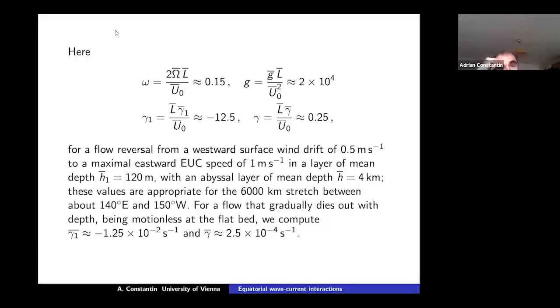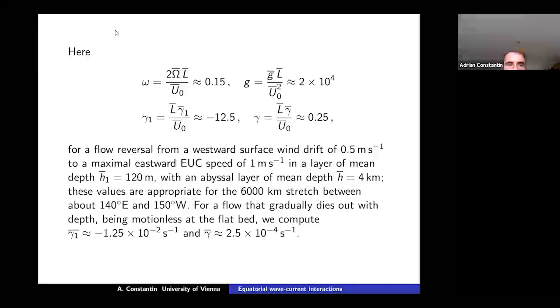It is very big in this scaling. If you wonder what realistic values of these two vorticities are, they are written here in physical quantities. One is negative, the other one is positive.